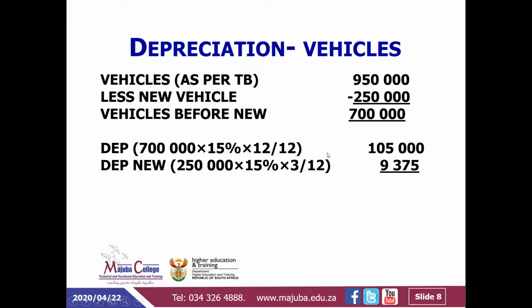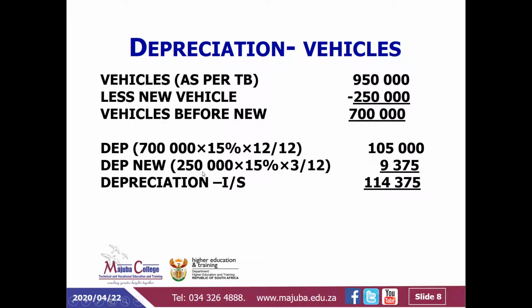So this is essentially how we would have calculated the depreciation. It's 700,000 multiplied by 15. That has existed for 12 months. So you multiply by 12 over 12. You actually didn't have to do that calculation. I just wanted to show you the contrast between that asset and that asset.